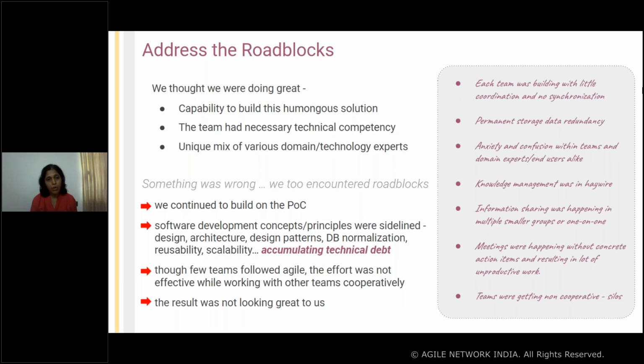What were we doing wrong? We continued to build on the POC, right? And another thing was software development concepts and principles were totally getting sidelined as the scope started increasing. The design, the architecture, design patterns, DB normalization, reusability, scalability, all were getting sidelined because our focus was more on the feedback that we received from the client, right?